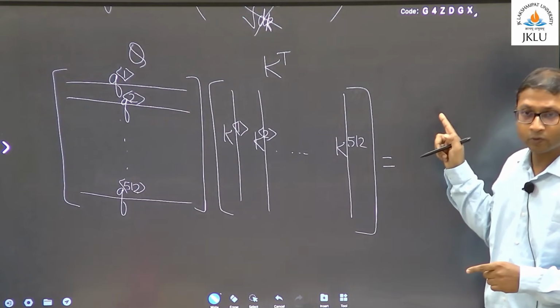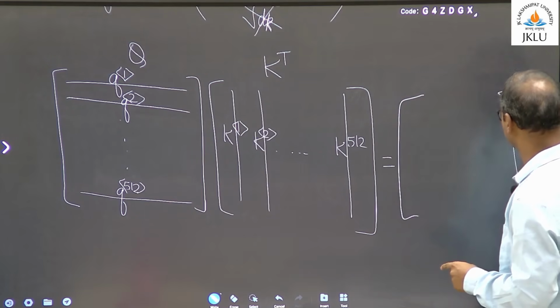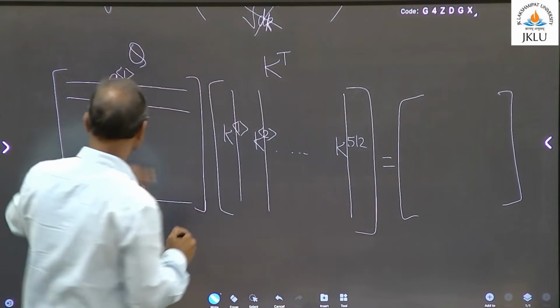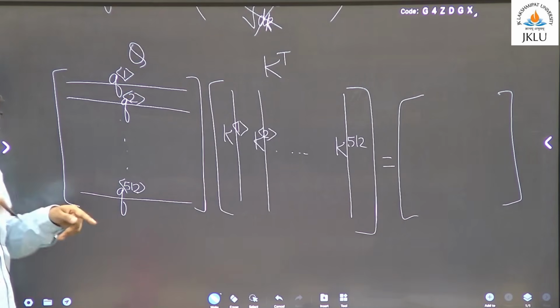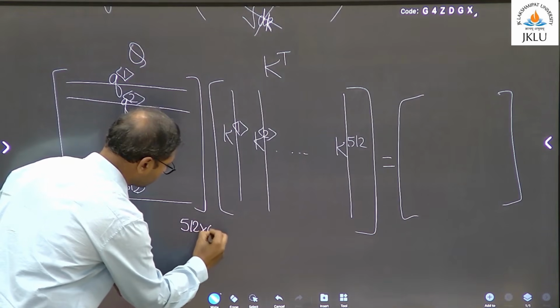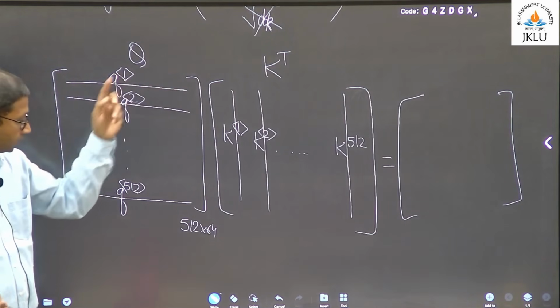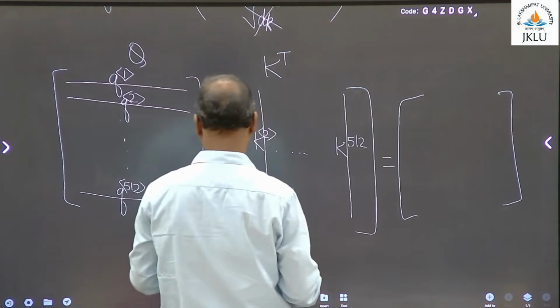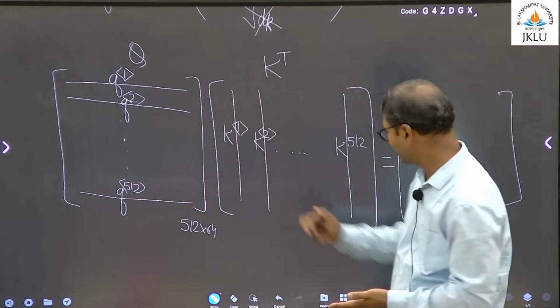So what will be the output? So what is this supposed to be? 512 cross 512 cross 64 maybe. Each Q1 is 64, and this must be 64 because each K is 64.